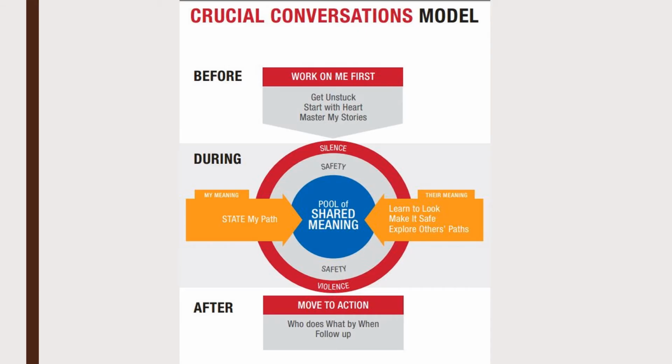Because you're trying to create a place of safety that is not silence, where they've just checked out, and it's not violence, where they're off the chart mad, but there is a place of safety where people feel like they can state their path and they can learn and look and make it safe for others' paths as well, and we can finally come to a place of collaboration. So that's what we're looking at with all of that.